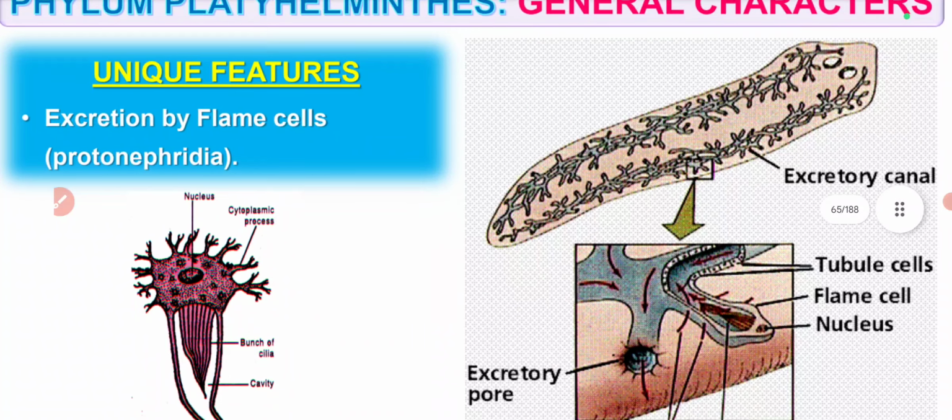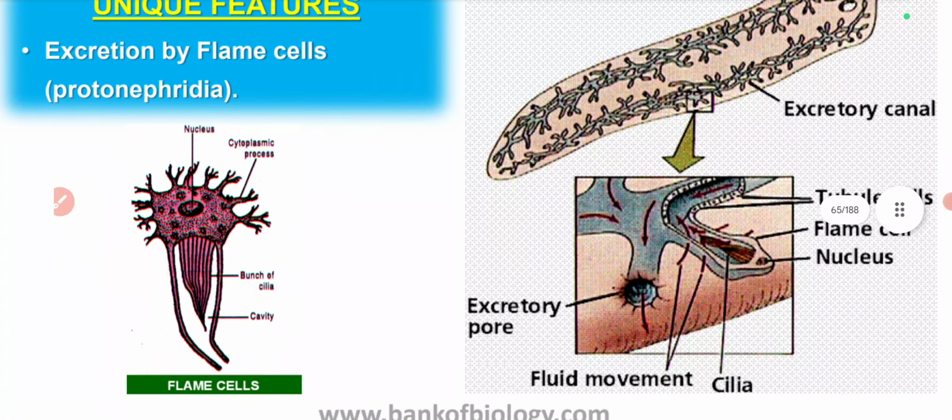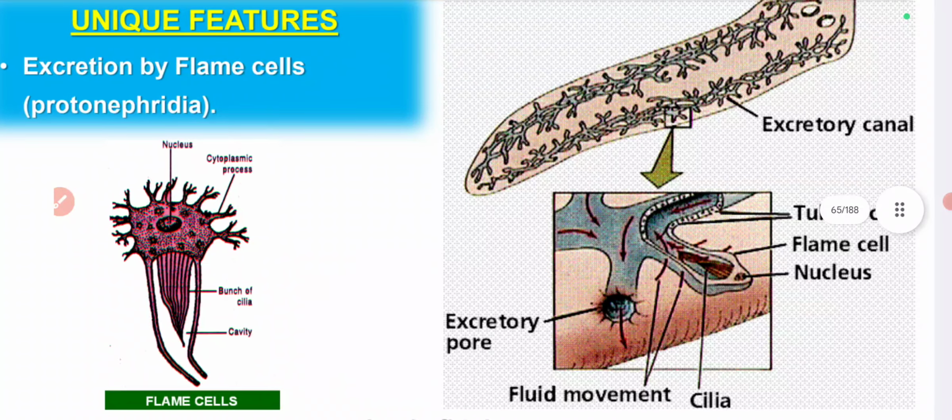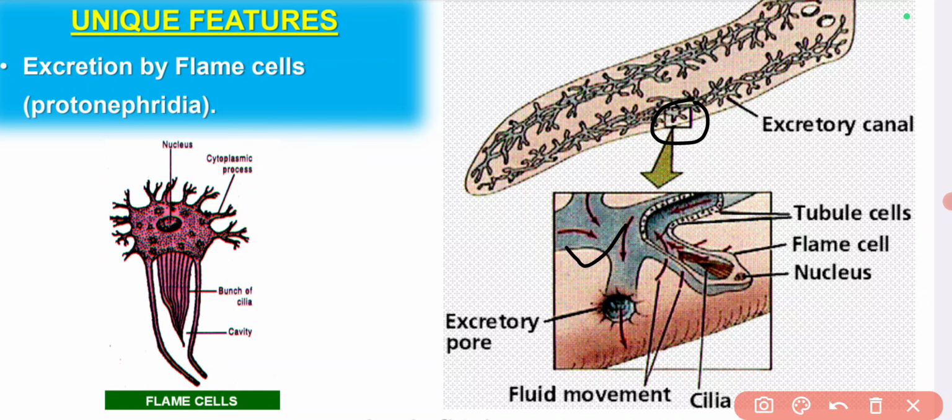Another unique feature: excretion by flame cells, protonephridia. You can see the diagram, a zoomed-in portion showing the flame cells and where the excretion occurs.